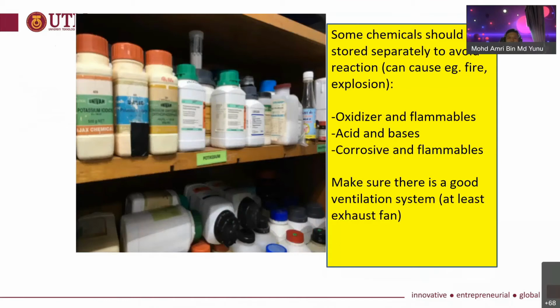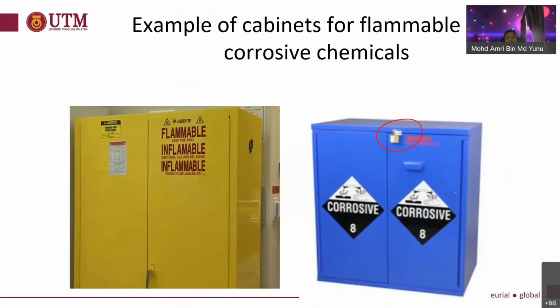This is what I explained. Do not put chemicals together alphabetically. Some of them are very reactive to other kinds of material, and some of them are flammable or corrosive, so there are proper cabinets for them.